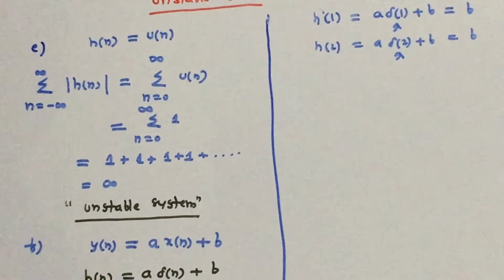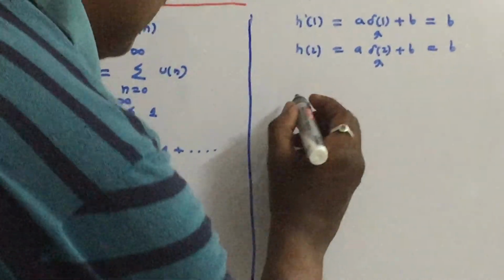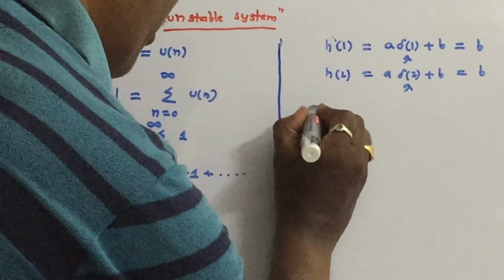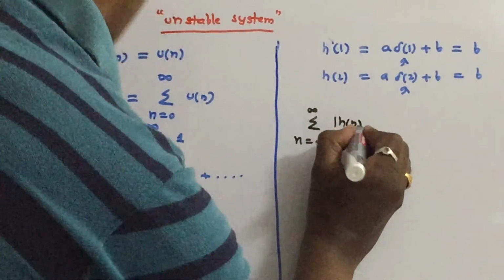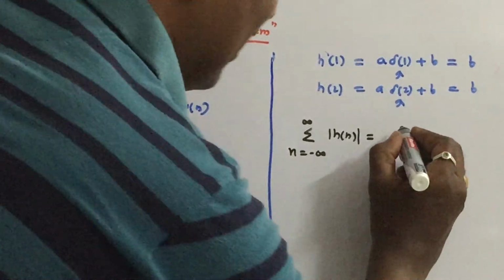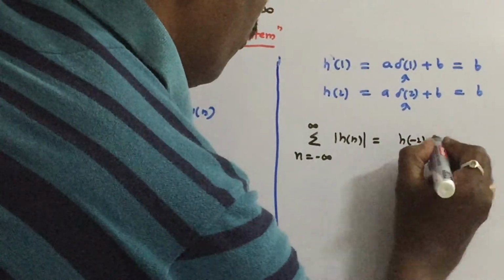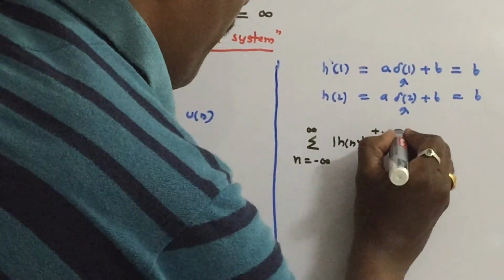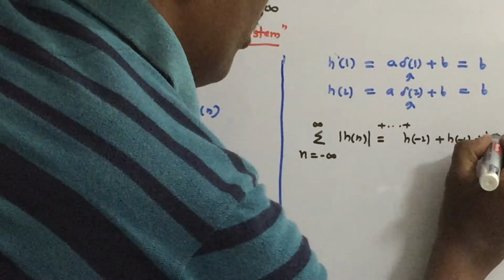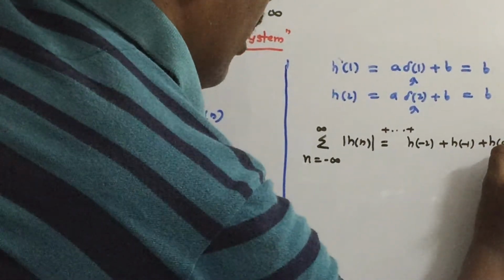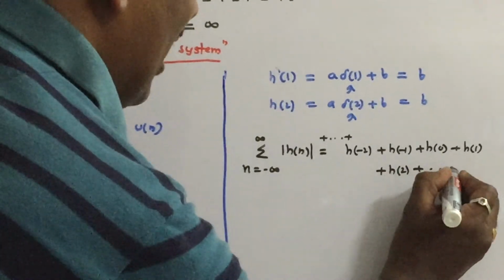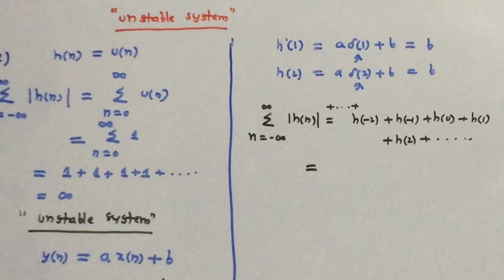So what you can write is the summation n is equal to minus infinity to infinity, modulus of h of n, equal to h of minus 2 plus h of minus 1 plus h of 0 plus h of 1 plus h of 2, plus so on.